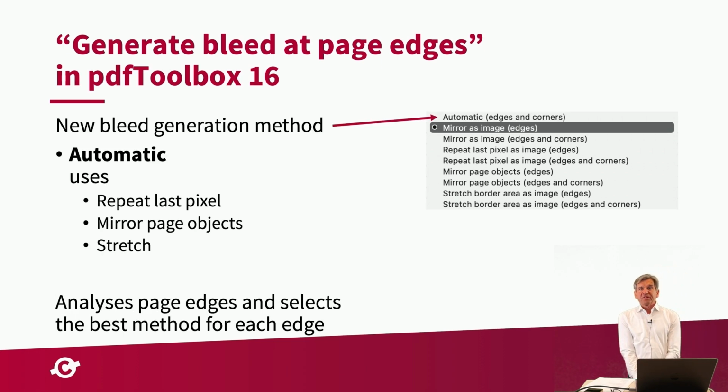With pdfToolbox 16, you will have one more, which is automatic at edges and corners. That uses the other methods, but it decides for you which one is best. It would use either repeat last pixel, mirror page objects or stretching. The only thing it would never do is mirror as image.